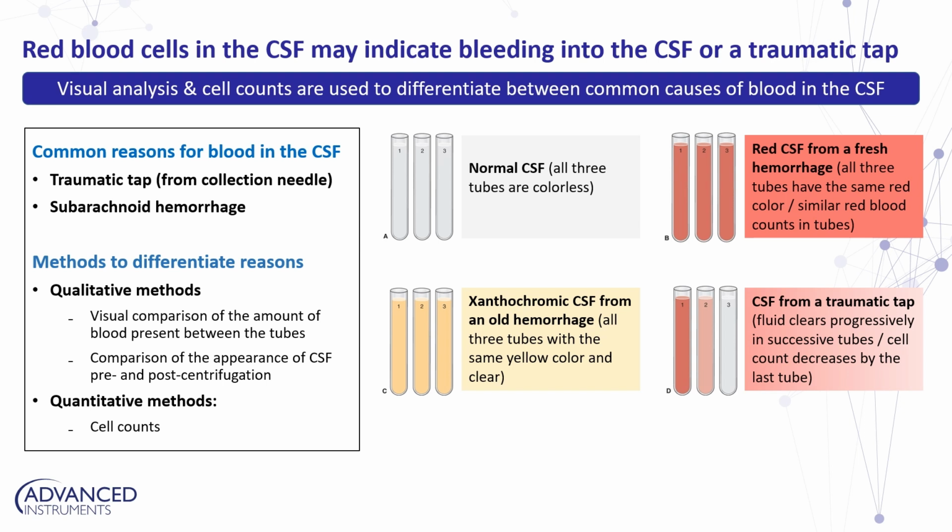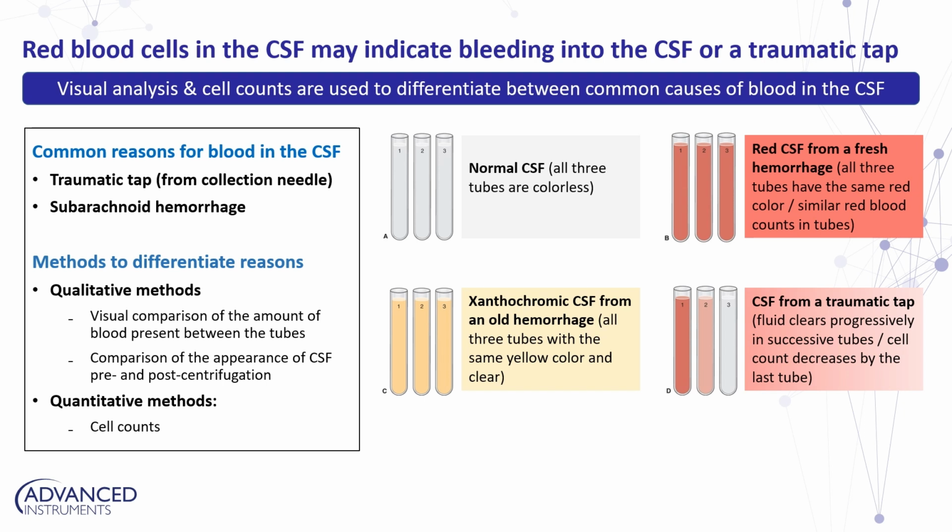So an example of how you can perform a visual comparison between tubes might be to visually compare examples A and C. Example A represents a clear colorless sample, so normal CSF, while example C represents what is called a xanthochromic sample, where red blood cells actually degrade in the CSF, and the color from the breakdown of the red blood cells, or really the hemoglobin within the red blood cells, is converted into bilirubin, which is a byproduct of the hemoglobin, which gives the sample its yellow color, indicating the likelihood that this CSF is a product of an old hemorrhage.